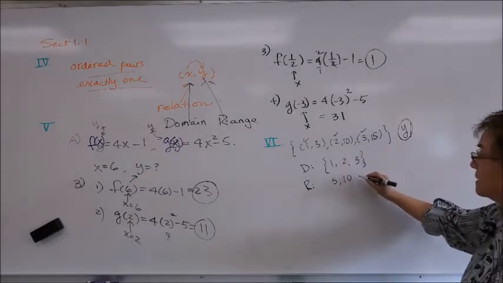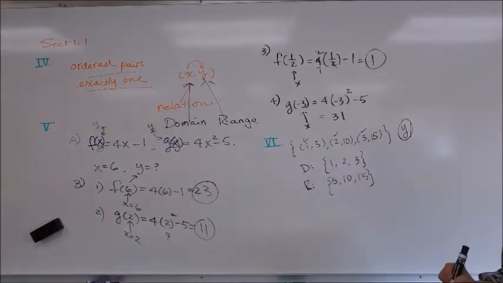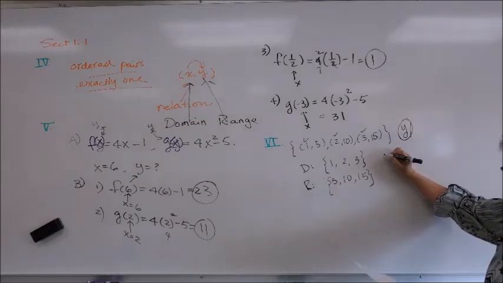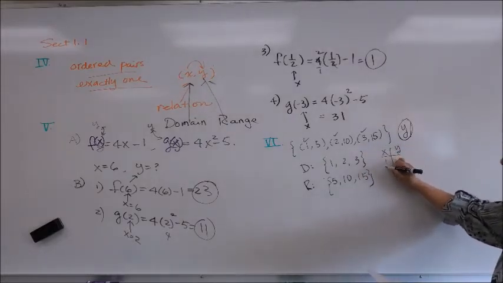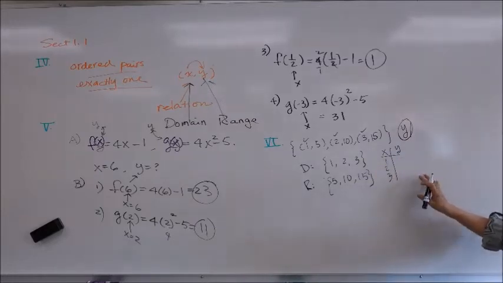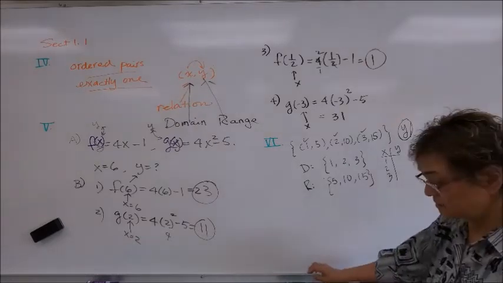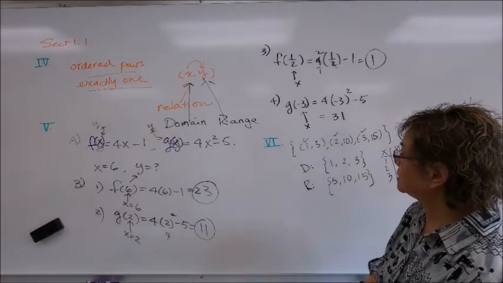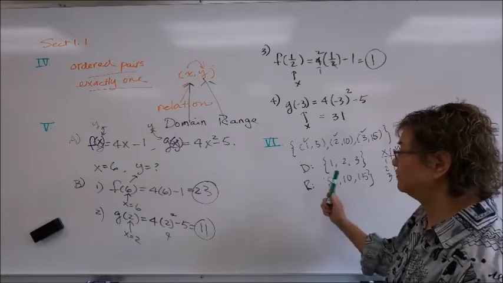Sorry. Okay, 5, 10, 15. If we learned this before, we use this kind of symbol, a T-table, to show domain and range.